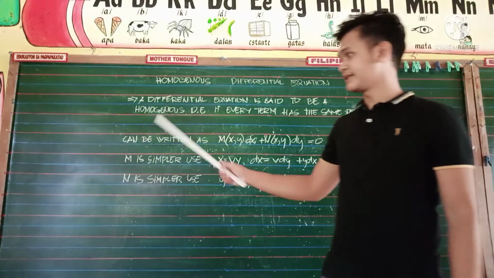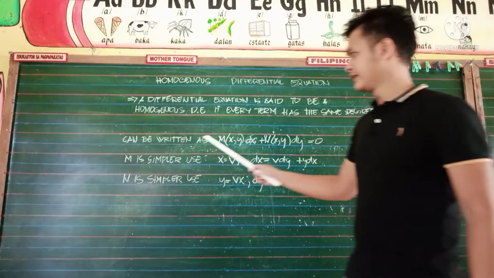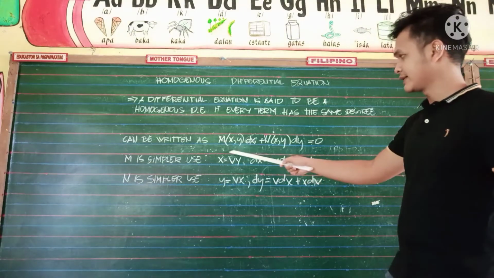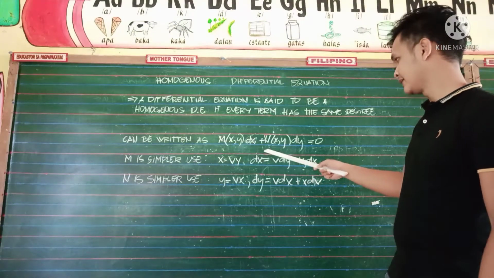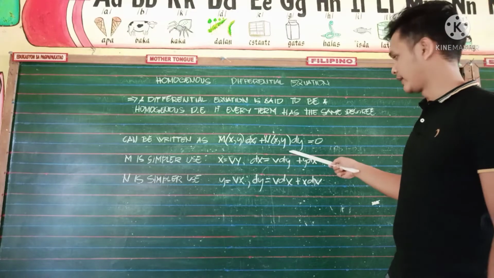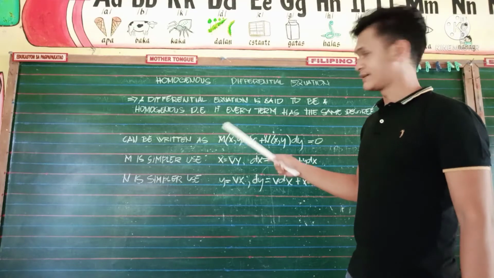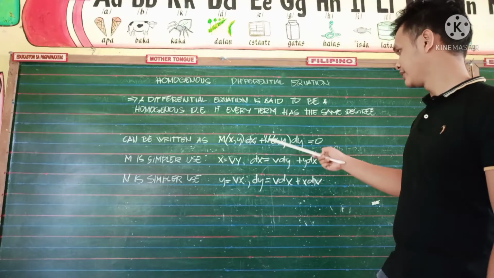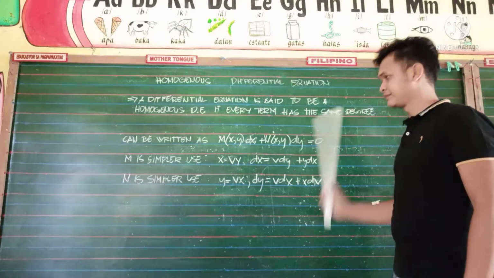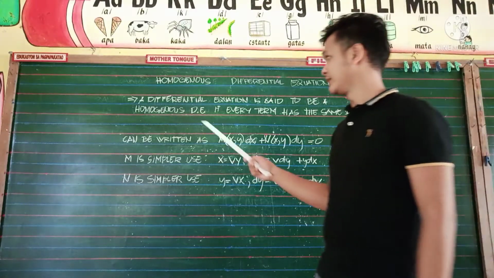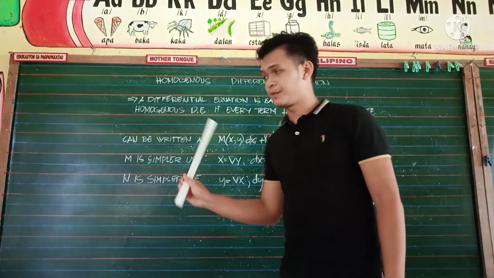The homogeneous differential equation can be written as M as a function of x and y dx plus N as a function of x and y dy equals 0. The M term here is indicated as the dx and the N term here for dy. So there is a condition when solving a homogeneous differential equation.